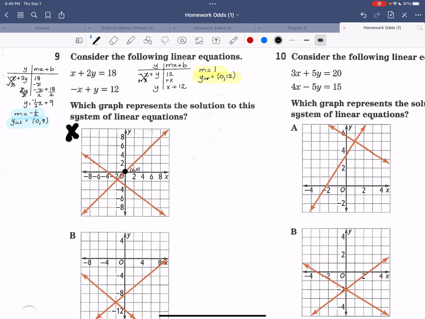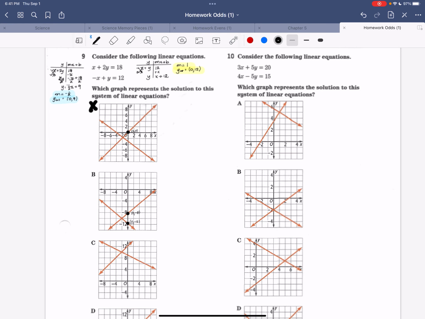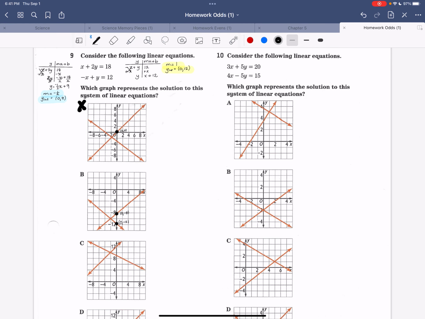Here we have a y-intercept of a little more than 8 negative and almost 12 negative. So this is (0, negative 8) and (0, negative 12). So do those match the y-intercepts? They do not. So B is not the answer.